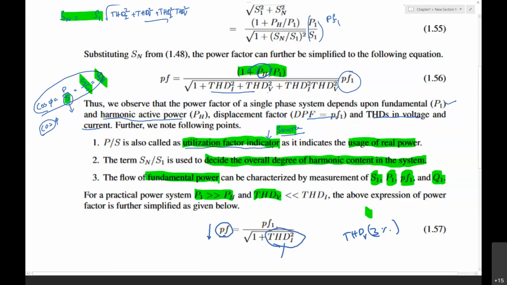Once your power factor is coming down, it is an indication of the utilization factor. We are not utilizing the source in an effective way; we are underutilizing the source when you have a THD in currents.